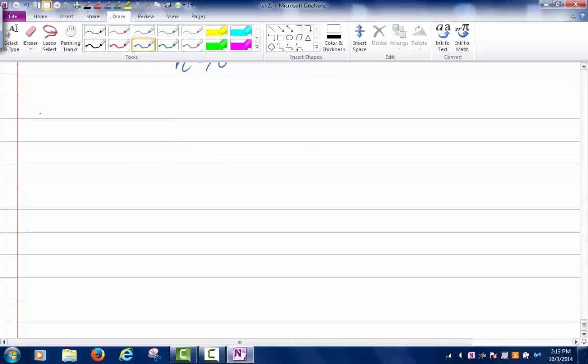If I look at the function f of x to be x cubed, what's going to happen then is that the derivative would be, again, the limit as h goes to 0. This time, what do I get? What's the value of the function at x plus h?